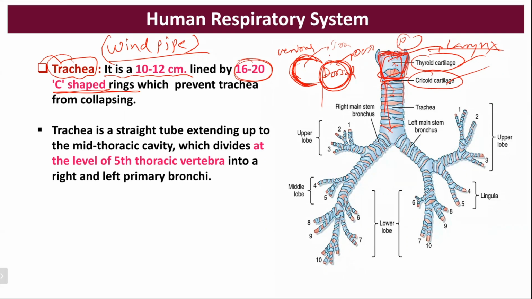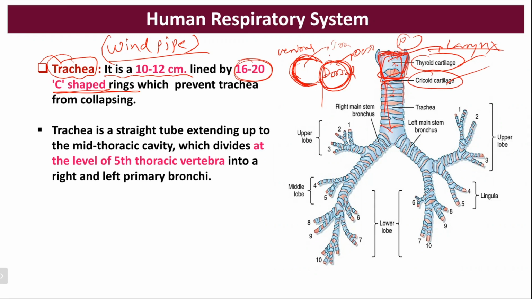Now the question arises, what is the significance of these C-shaped cartilaginous rings? They prevent the collapse of the trachea. If these cartilaginous rings were not present, the trachea would collapse. I explained on which side they are complete and on which side they are incomplete.